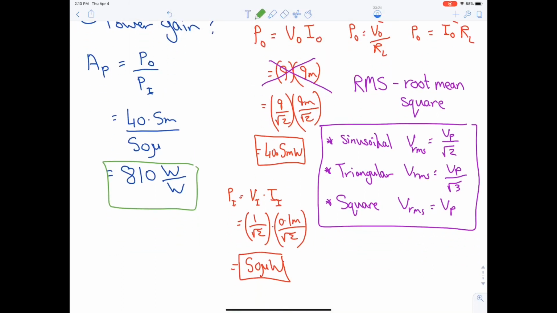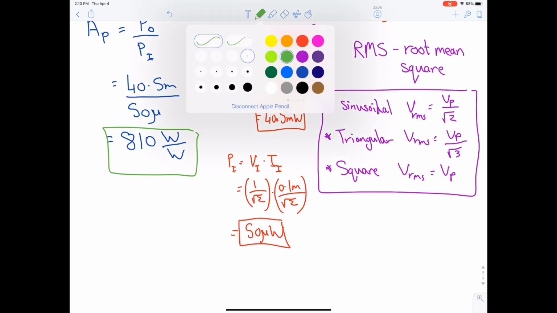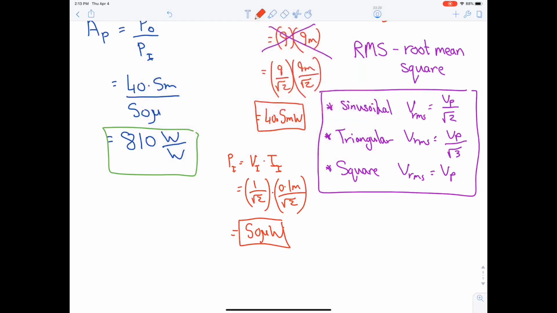So in general, when do I use RMS? I will simplify things for you. RMS is used only when calculating power of the input or the power of the output.